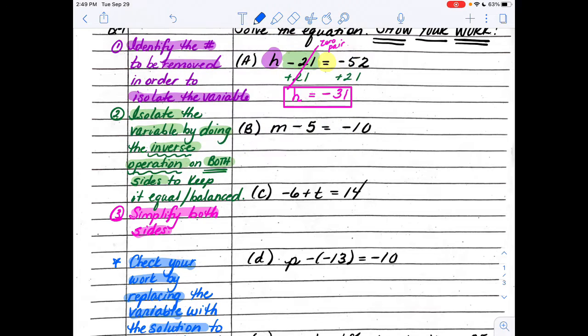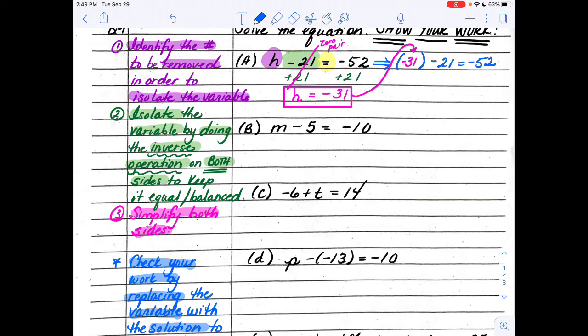So we're going to take that original equation that we saw right here, and instead of putting the variable h, I'm going to put parentheses, negative 21 equals negative 52. And now I'm going to put that negative 31 that I just got from my solution inside the parentheses to replace that variable.